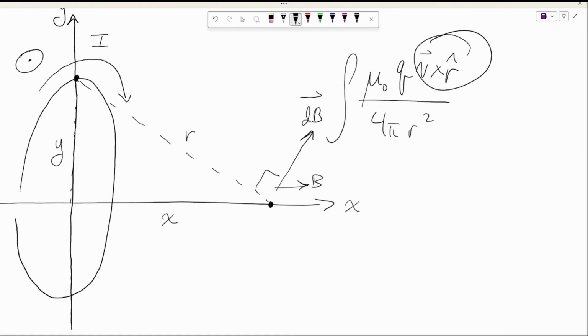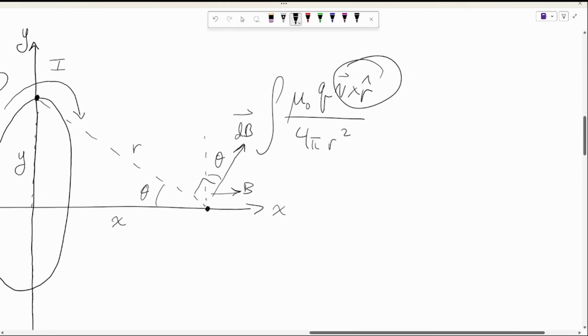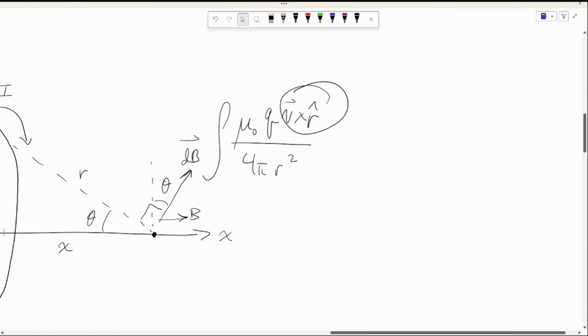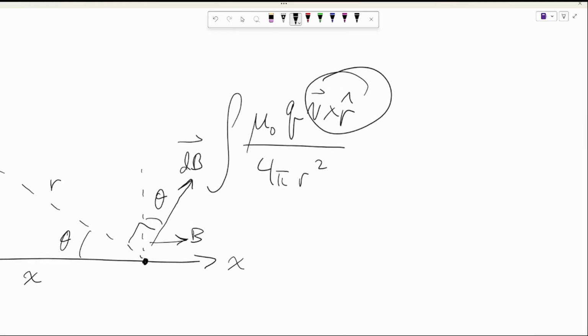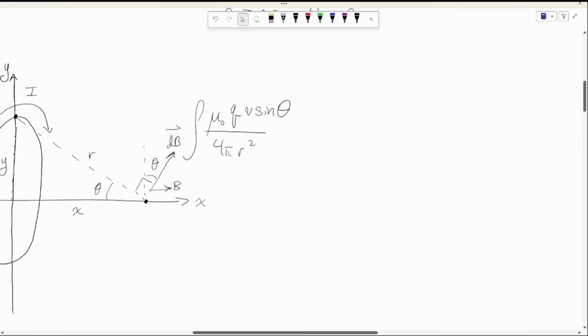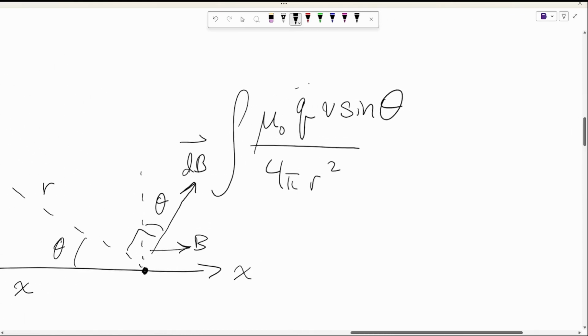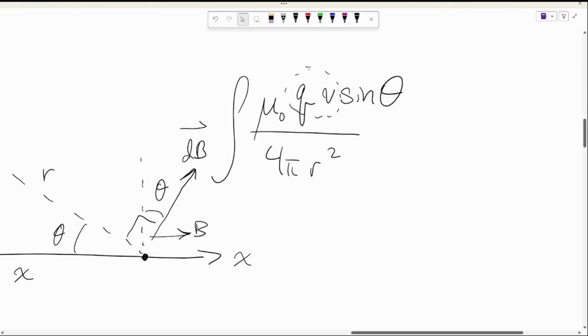So if we call this theta, and this is also theta, we can replace this cross product with V, and that is going to be sine theta. And then, let's see, we need to turn this QV into something in terms of current.